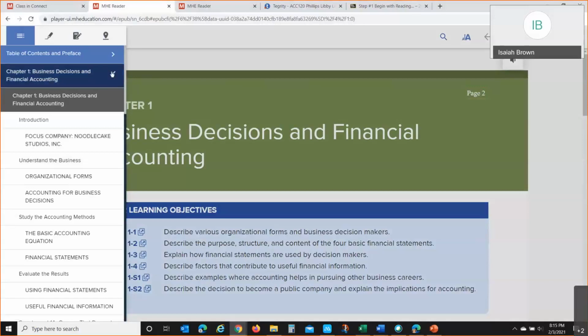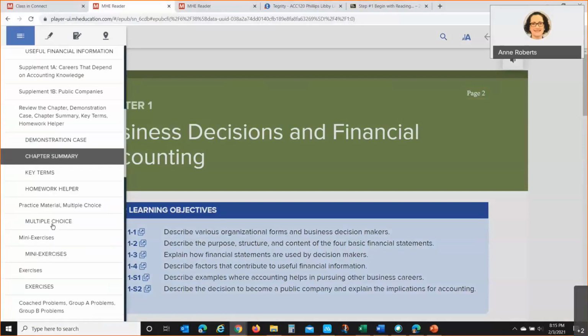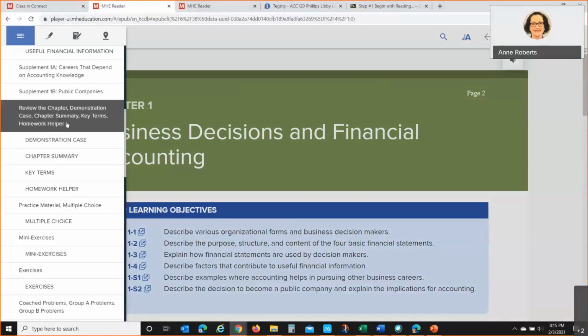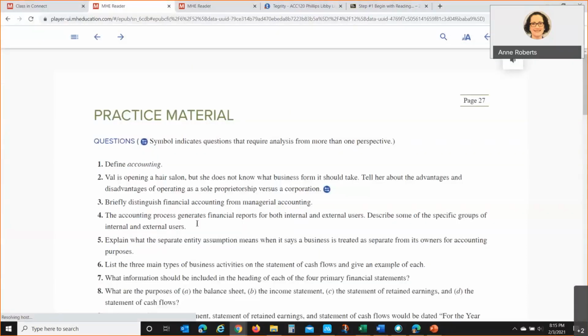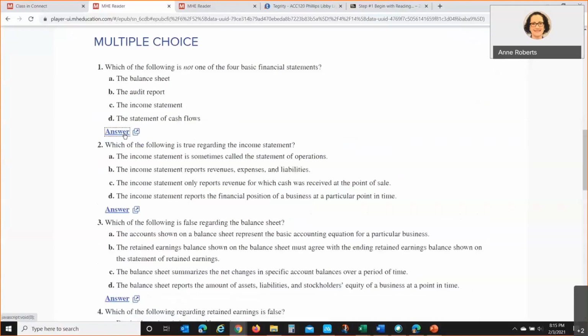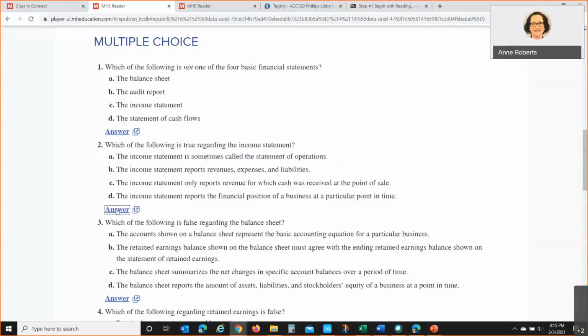Each one of the chapters is there. Just click on your chapter, scroll down, and it starts right here. Review the chapter, demonstration case, chapter summary, key terms, homework helper. And this little multiple choice thing is a quiz where you click on the answer and the answer pops up, so you can test yourself a little bit.